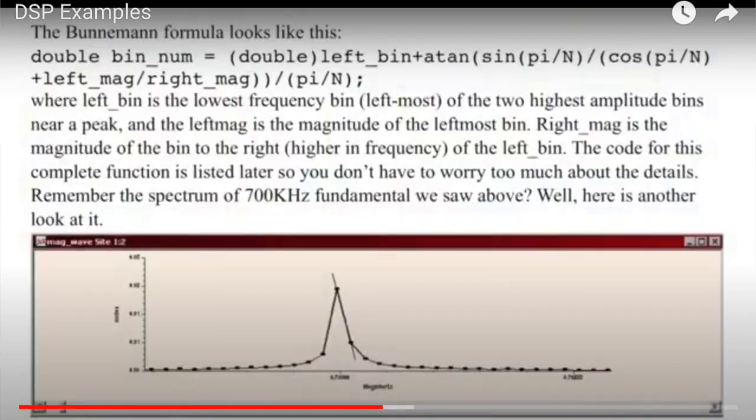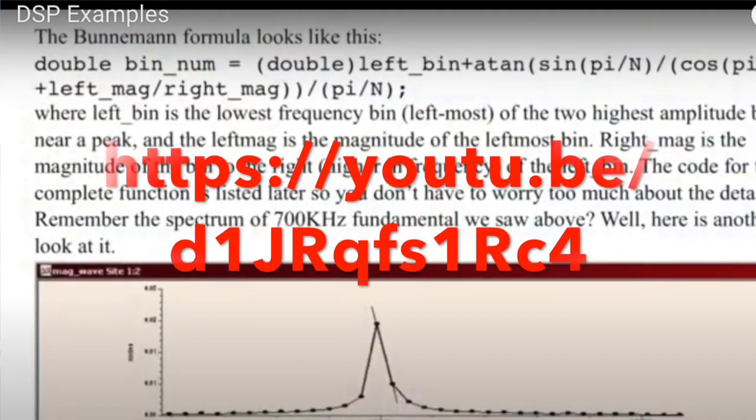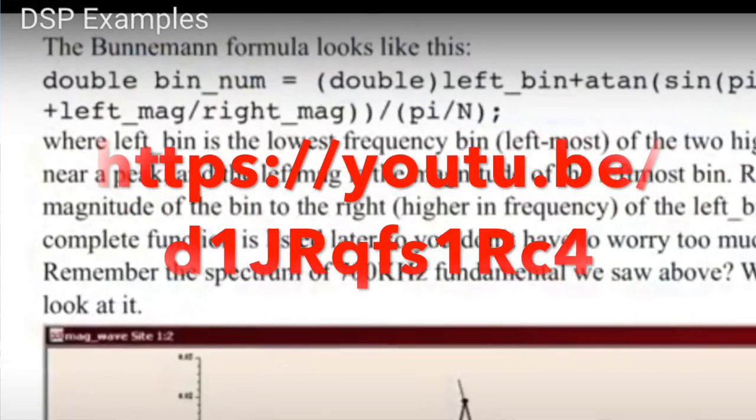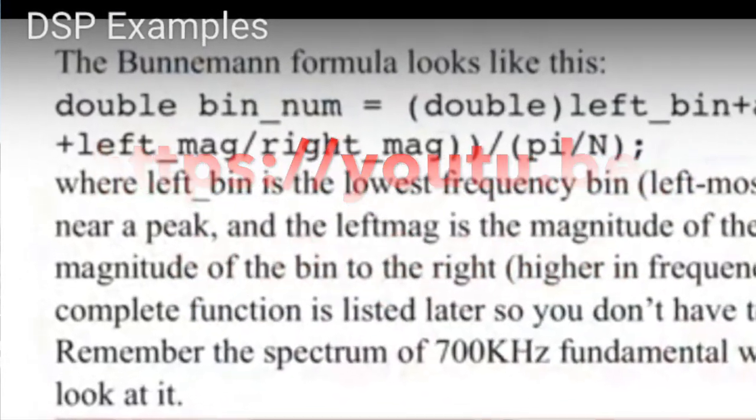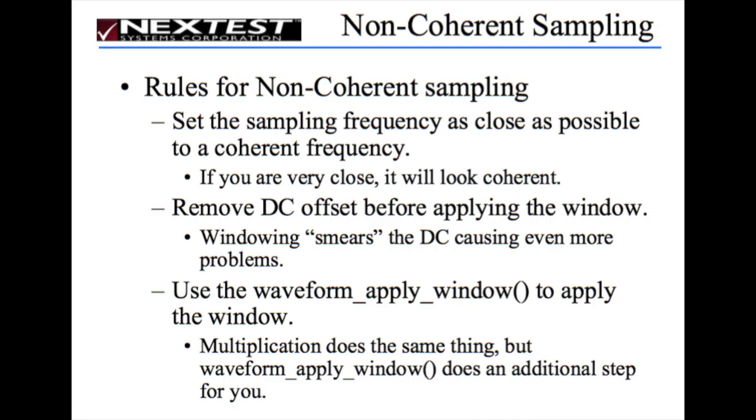You can sample it at some non-coherent frequency, get a good estimation using the Bunneman function to find the right frequency, then sample it again at a closer frequency, and maybe get it coherent enough to give you good results.